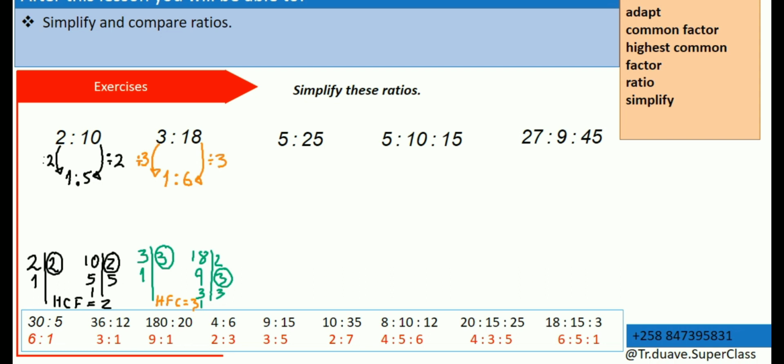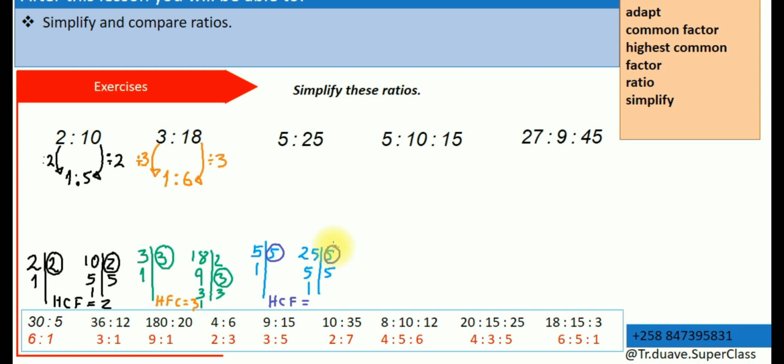Now we want to simplify the ratio 5 to 25, and we have to factorize the numbers 5 and 25. 5 we can divide by 5 and the result is 1. 25 we can divide by 5, the result is 5. By 5 the result is 1, which means the highest common factor, the lucky numbers are these.